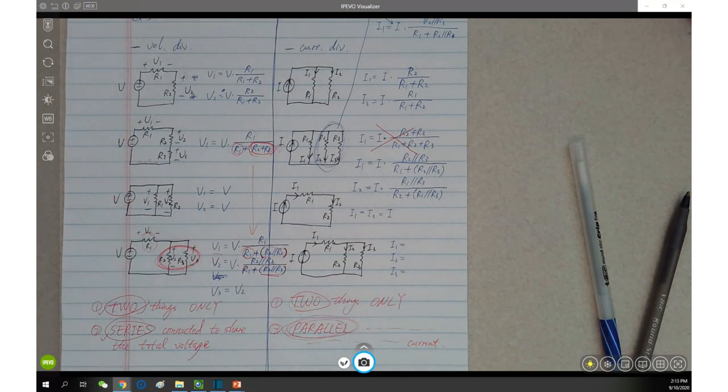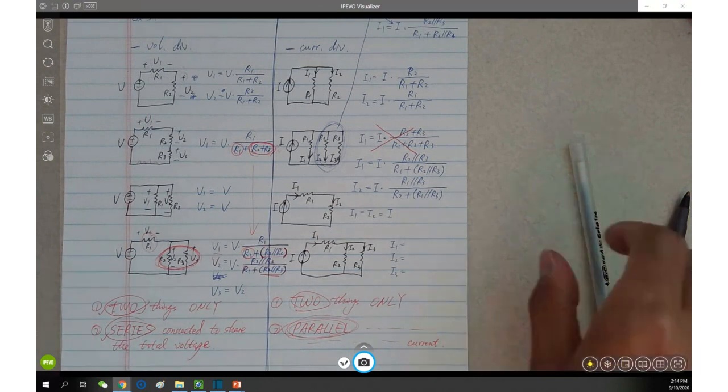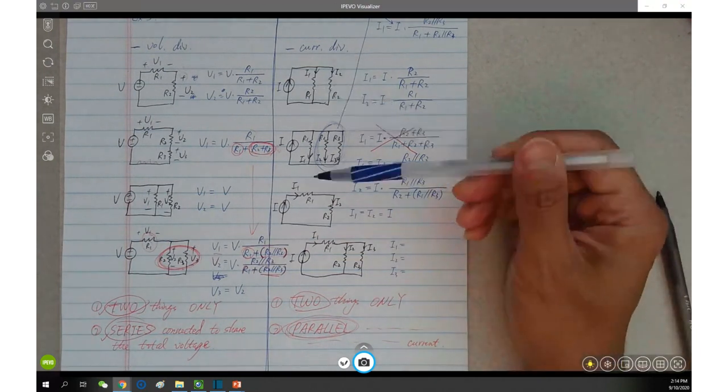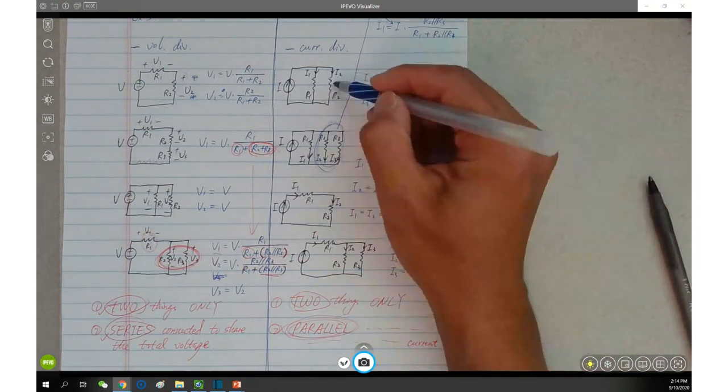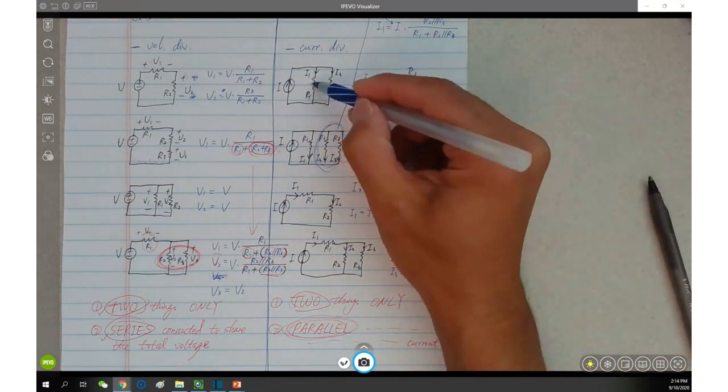Now here, Kevin is trying to explain the question from Connor previously. Probably Connor was asking why the other branch is in the numerator. You can think in this way. These two are parallel, right? Parallel, they share the total current.